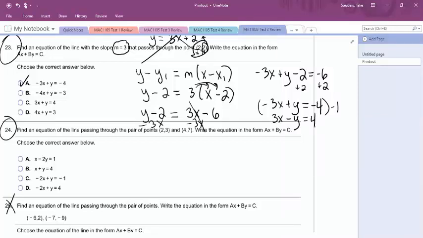Okay, so how do we start number 24? It's very similar, but there is something that's a little bit different. We have to find the slope. Good. So why don't you guys do that? Take a minute and find the slope.